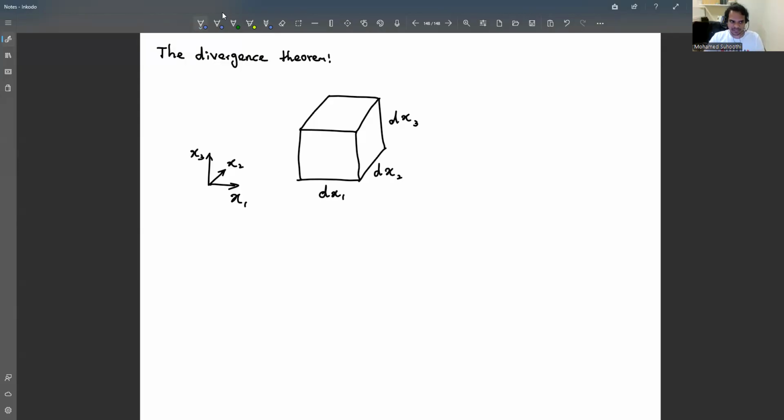It's a three-dimensional flow, but let me consider only the x direction flow. So let's say the vector field is in this direction. That means this is our Vx, so V1, the velocity in this direction.